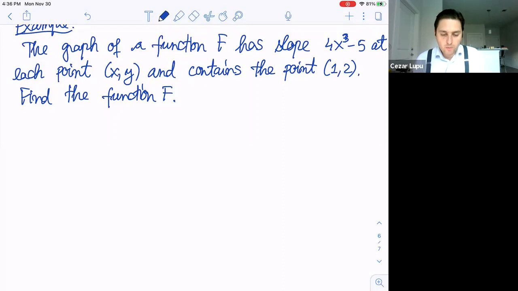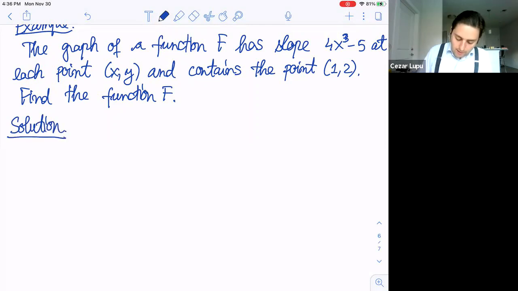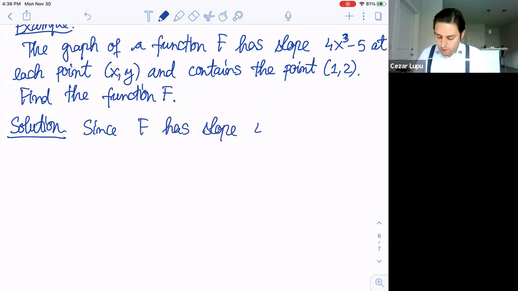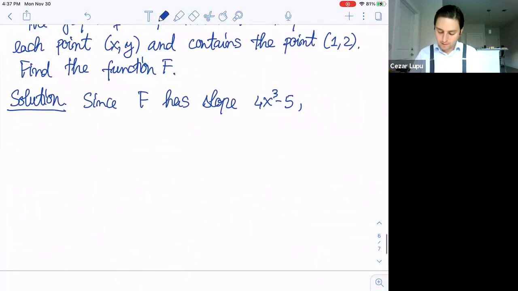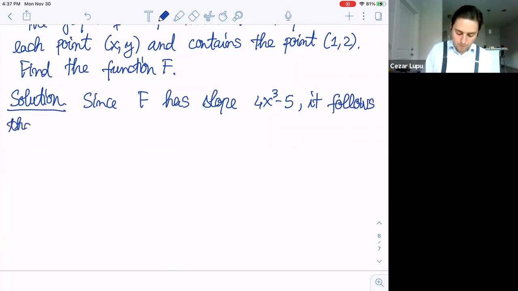Let's look at it. Since F has slope 4x cubed minus 5, it follows that F prime of x is 4x cubed minus 5.